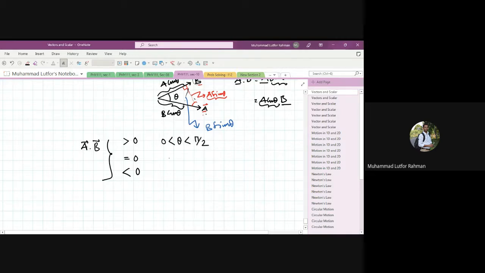It would be equal to 0 if theta is equal to 90, and it would be negative if theta is greater than 90 and less than 3 pi by 2, that means 270 degrees. Then the value of this dot product is going to be negative.